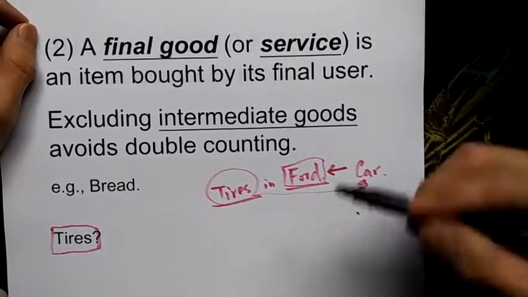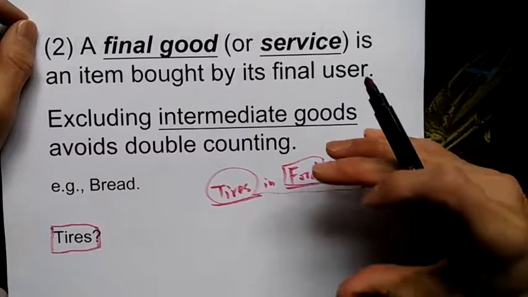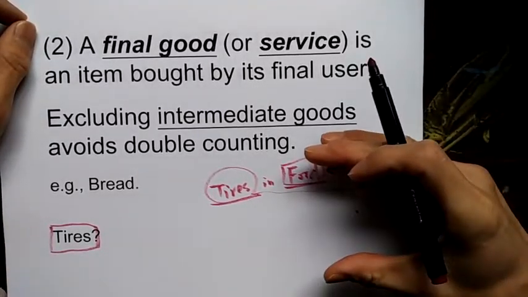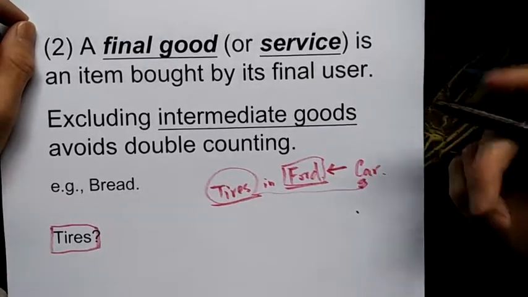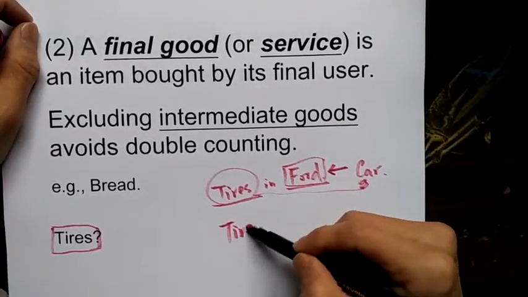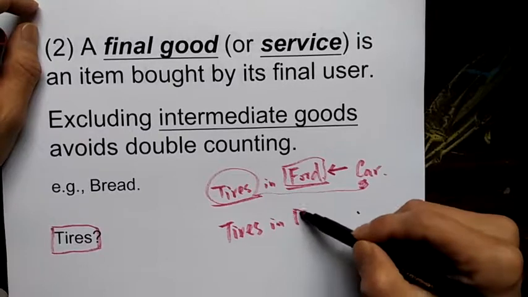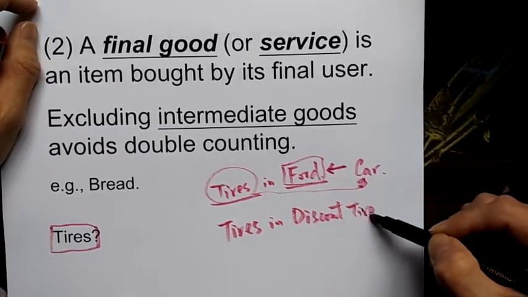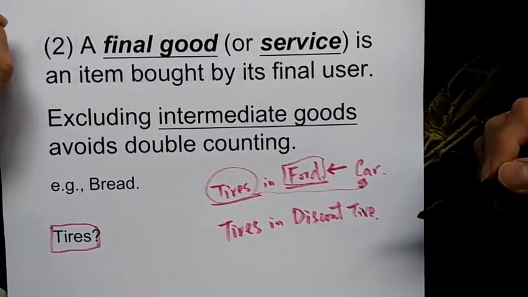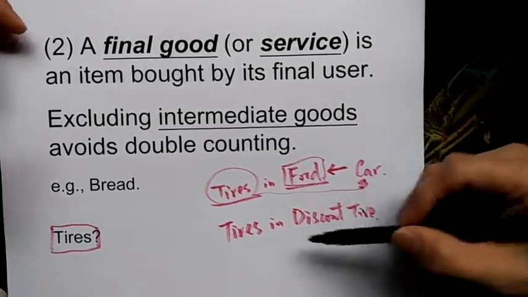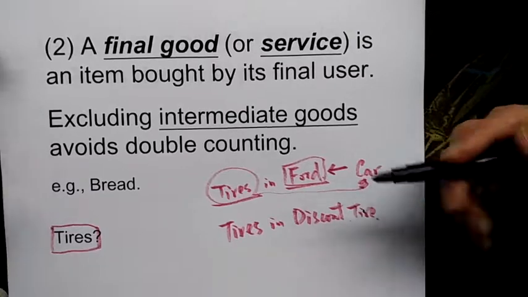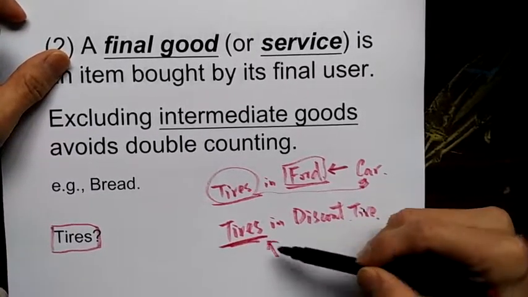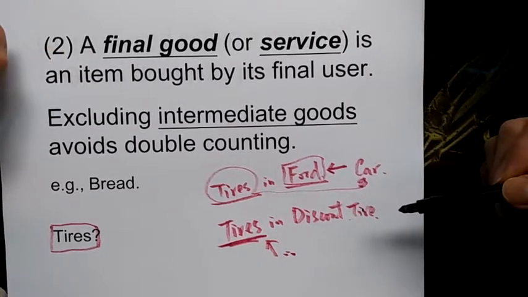But if exactly the same tires produced by Michelin are not sold to Ford, but are sold to Discount Tire, so when you have flat tires, you go to Discount Tire to get new tires, then these tires are final goods.